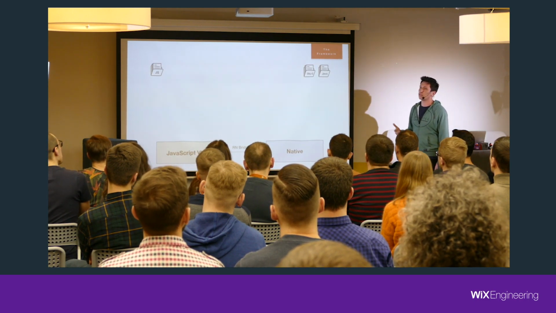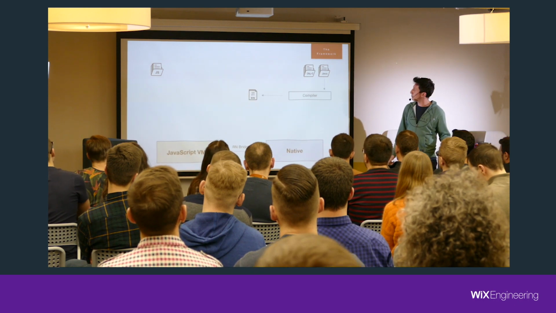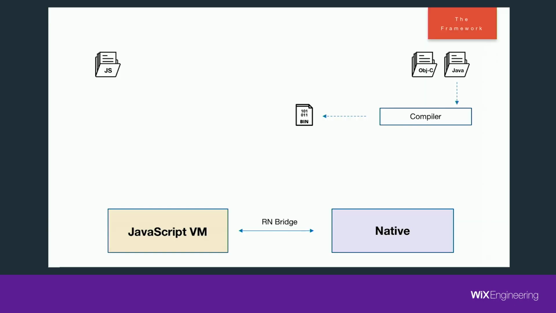Let's see how it works at runtime. So our native code is compiled to a binary file like a regular native application. Our JavaScript code, our business logic, is bundled with Metro bundler into a huge JavaScript bundle. Usually it's one file, but we can do several files, depending. Both of these outputs are inserted into the APK in case of Android, and IPA files in case of iOS.